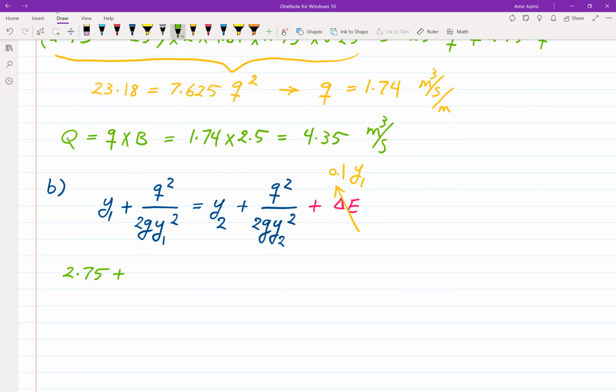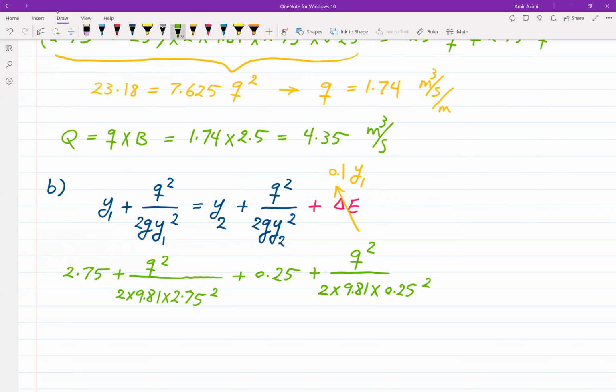2.75 plus q squared divided by 2 times 9.81 times 2.75 squared, equal to y2, 0.25, plus q squared divided by 2 times 9.81 times 0.25 squared, and then plus the energy loss, which is 0.1 times 2.75.